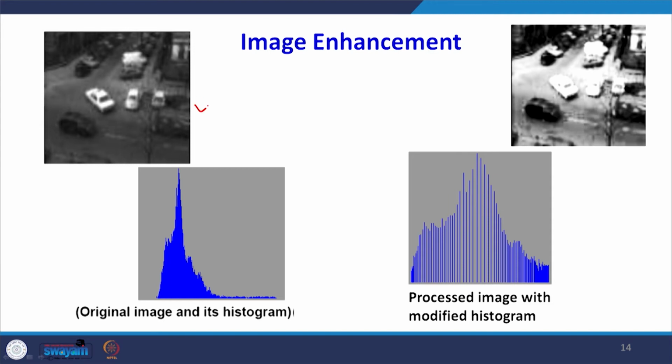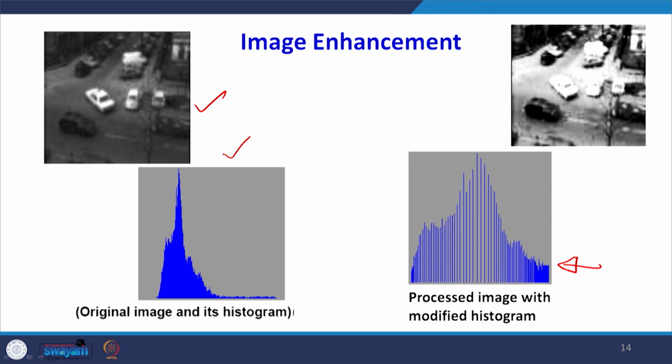So this is the result of the image enhancement here. In my original image, you can see there are certain vehicles which are visible but not that clear. If I look at the histogram of this data, you get a very high peak all of a sudden. This is not a gradual rise with a peak at the center, and there are certain values which are missing. But when I stretch the values and do the enhancement, the histogram becomes like this, shown at the bottom.